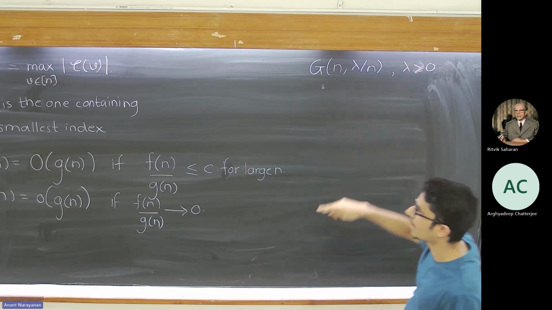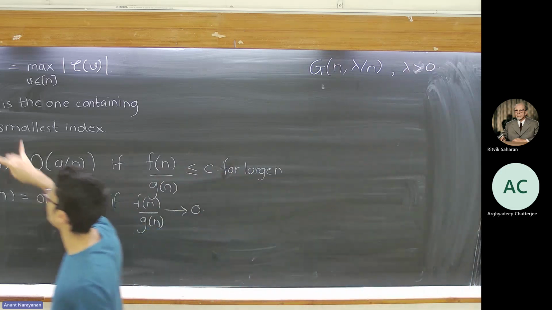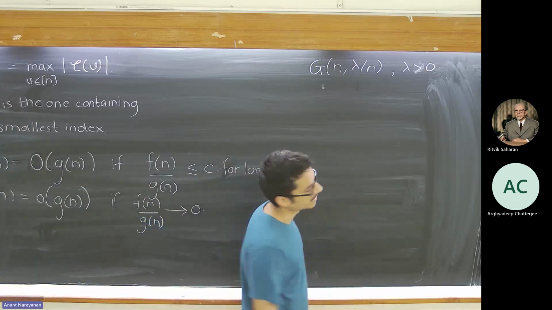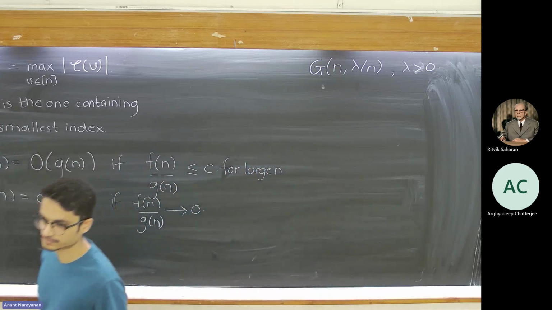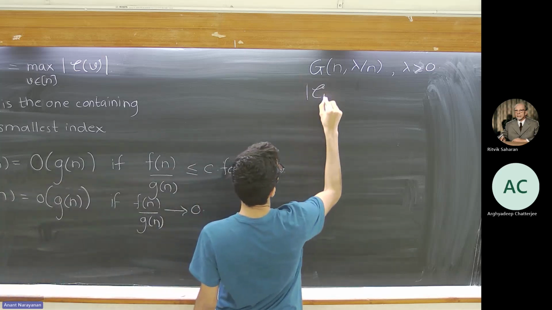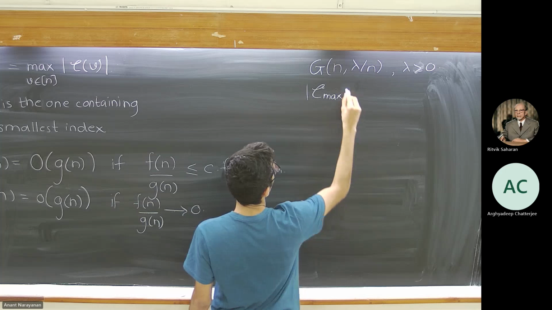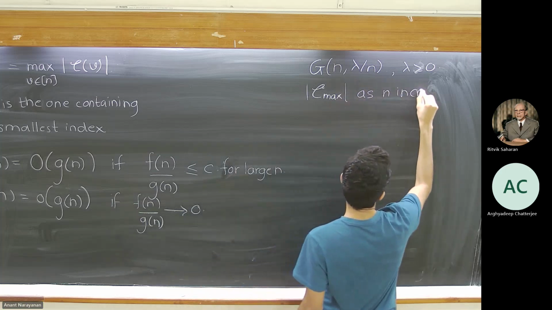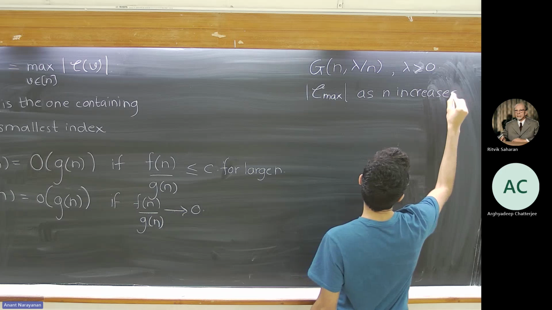Now I want to know how Cmax behaves, or the size of Cmax, as I increase n, depending upon lambda. So I want to know the asymptotic behavior of Cmax as n increases, and to study the dependence on lambda.